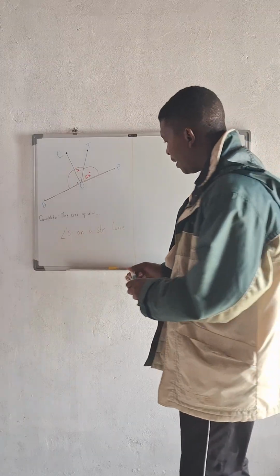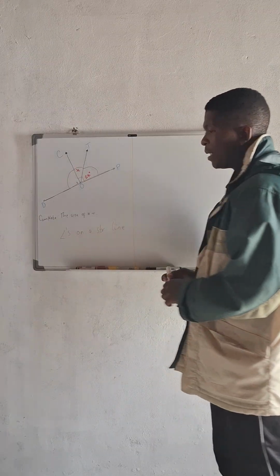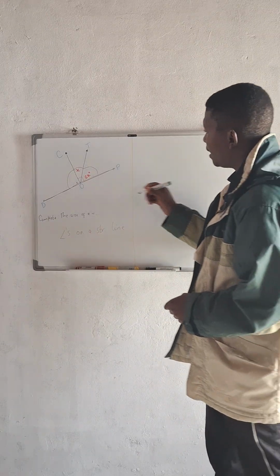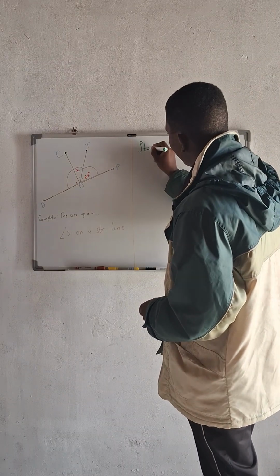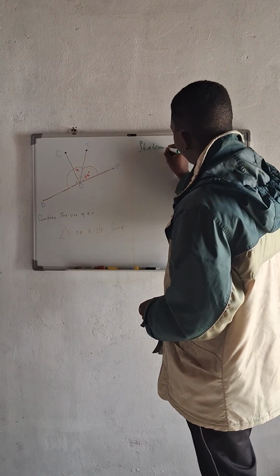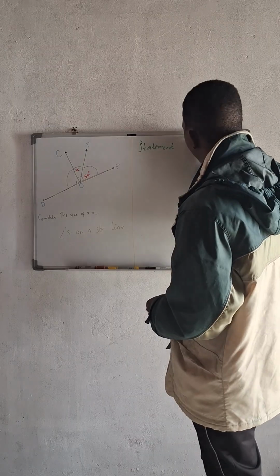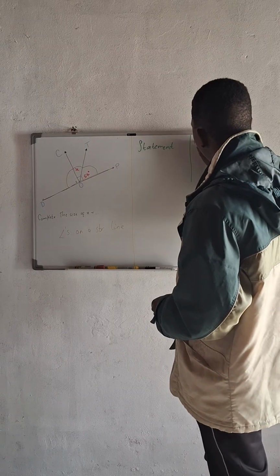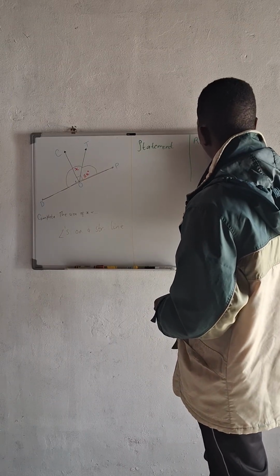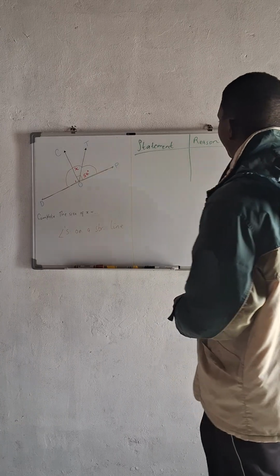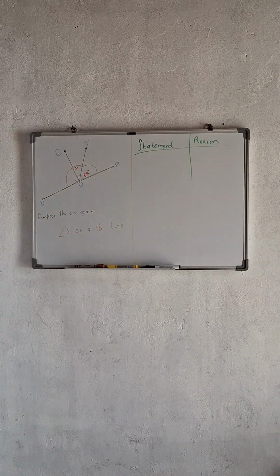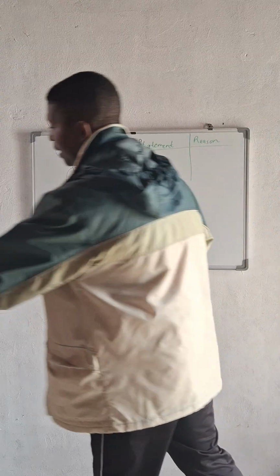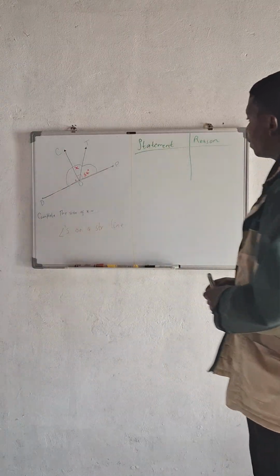But remember again, what I want to stress is that when you are dealing with geometry, just write a statement. You need to give a statement. And when you have done so, you must provide a reason why you have given the statement. Why do you think the statement is true, or why the statement is actually true?